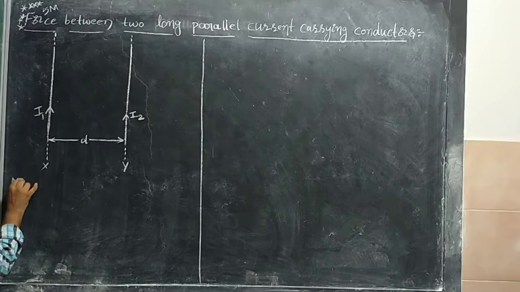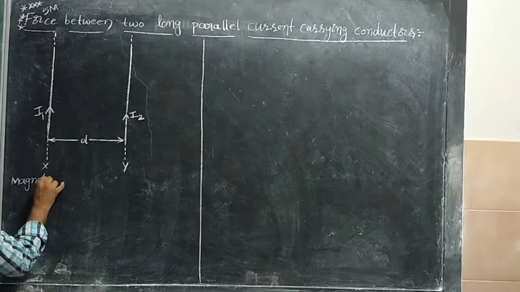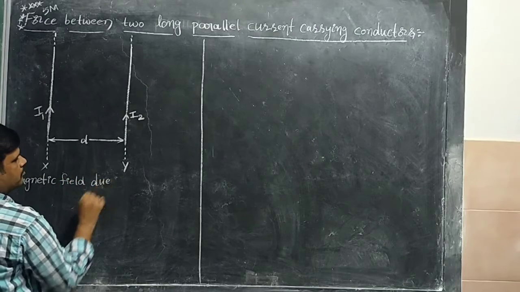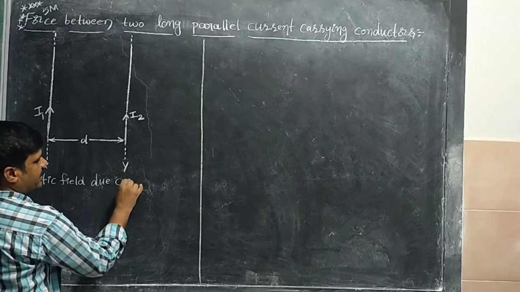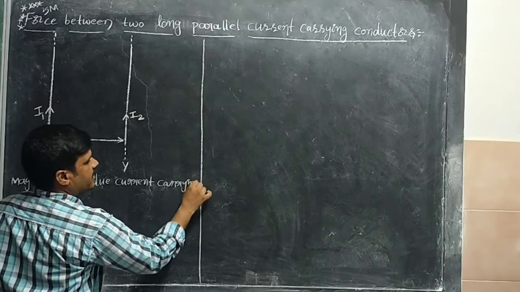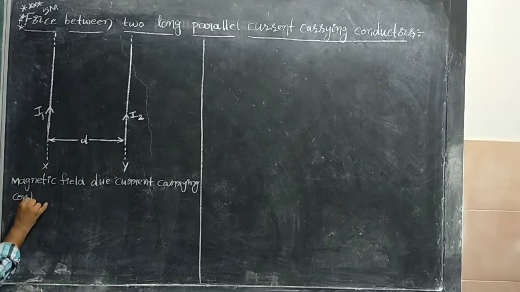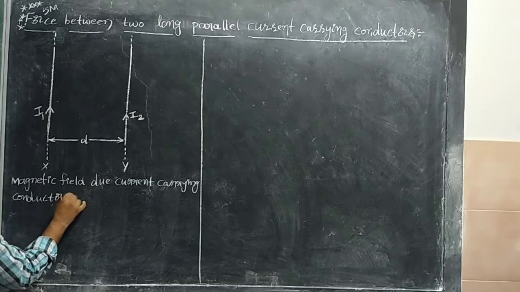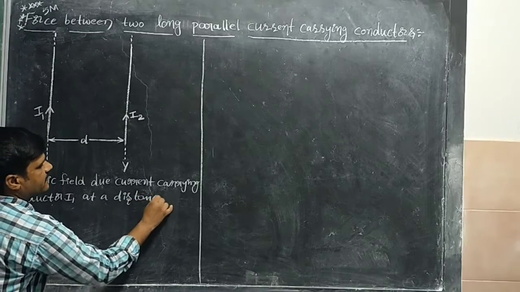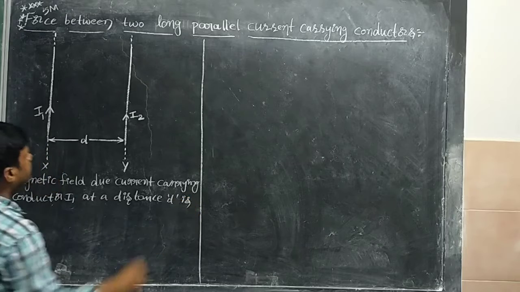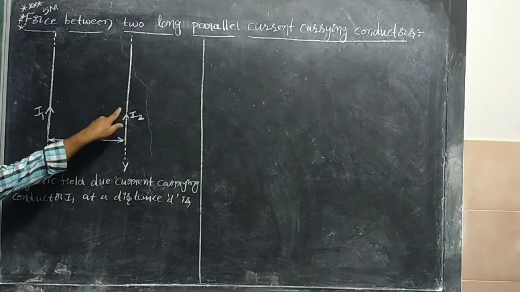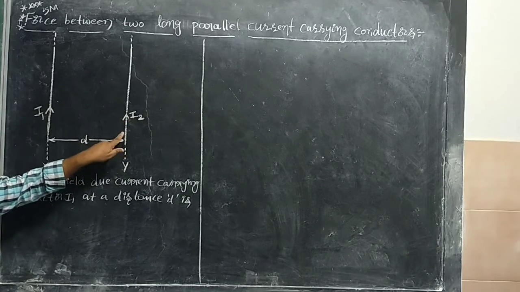First we will write the magnetic field due to current carrying conductor I1 at a distance D. D means exactly where the current carrying conductor I2 is.